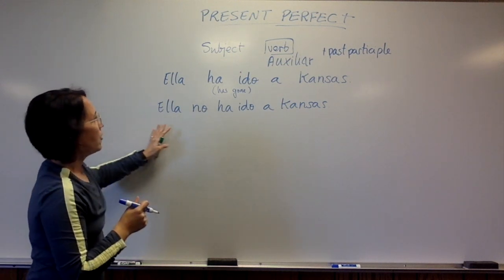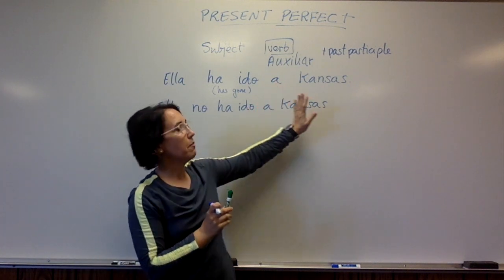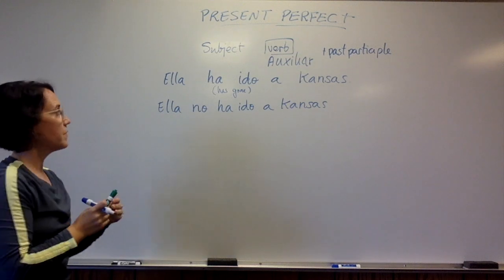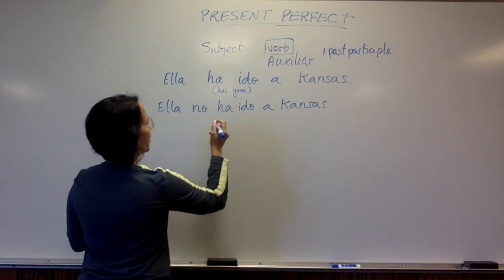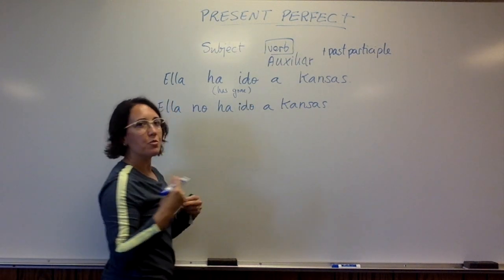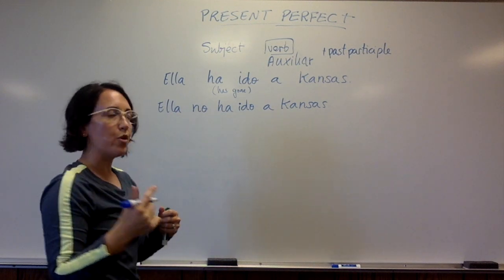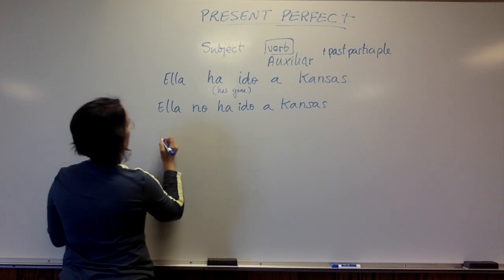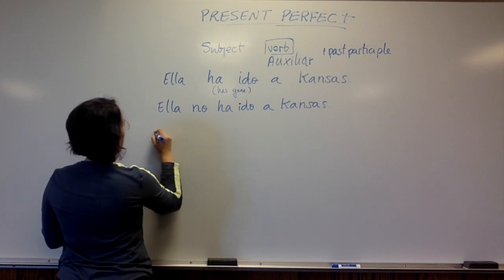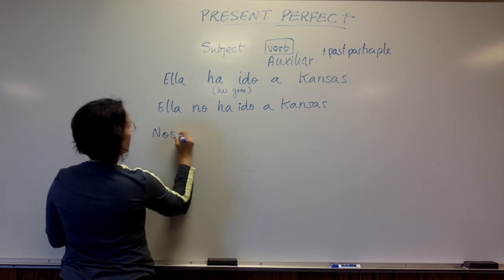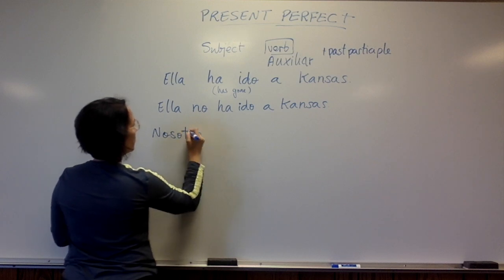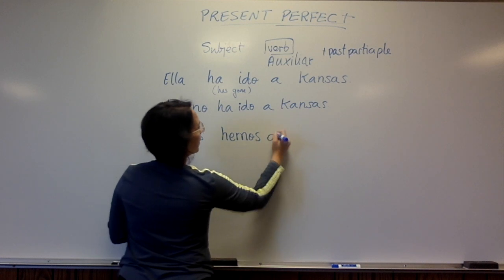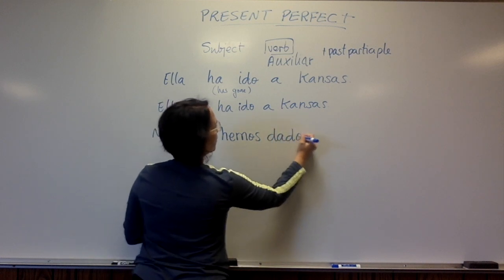So of course, you can always skip ella ha ido or no ha ido if we already know we're talking about Kansas. We're going to then see another example with direct object pronouns or indirect object pronouns. Or we can change the subject with nosotros hemos dado.